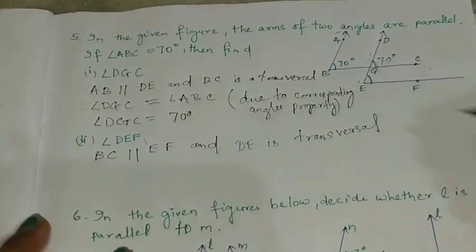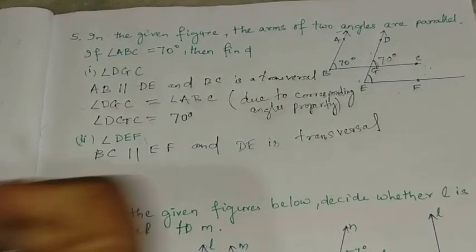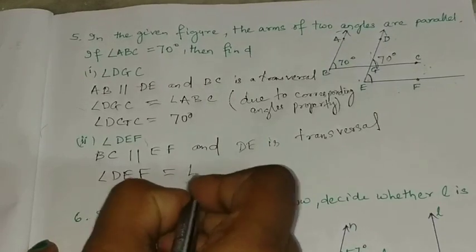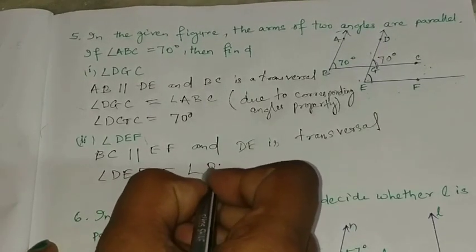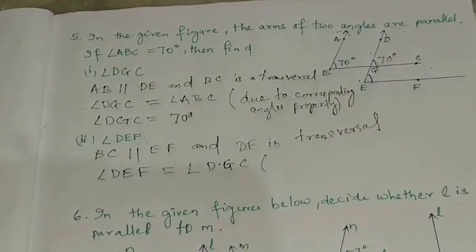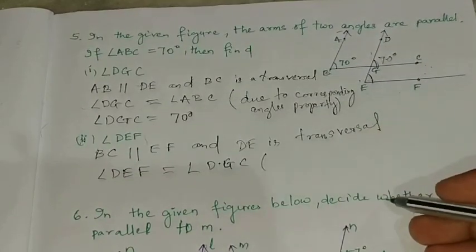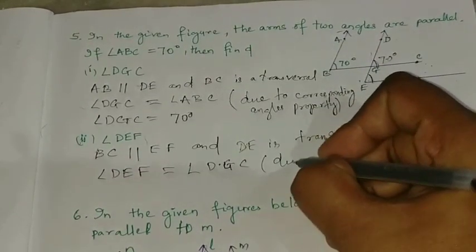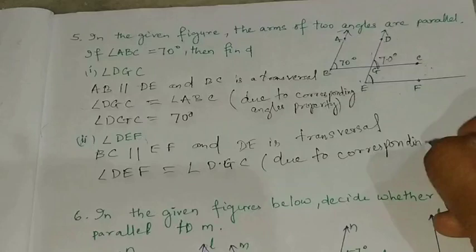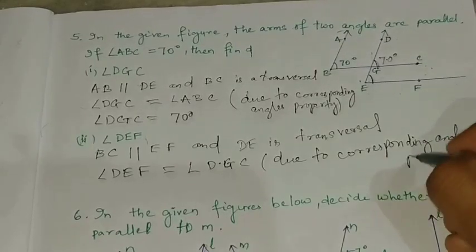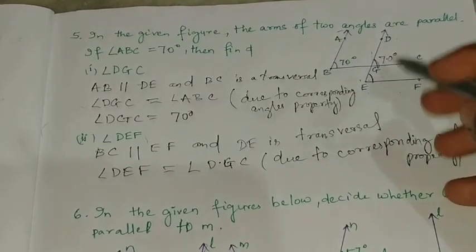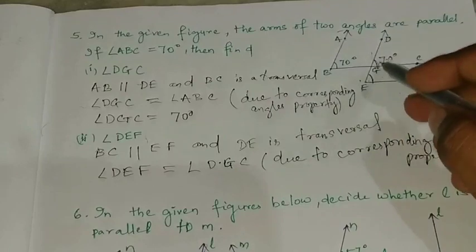So here we are finding angle DEF equal to angle DGC. Why? Because these two angles are corresponding angles. So you can write due to corresponding angles property, angle DEF equal to angle DGC.